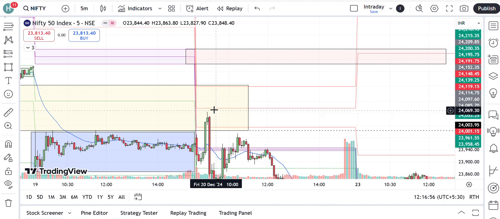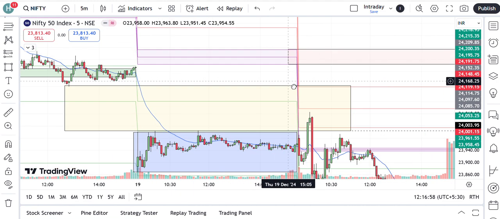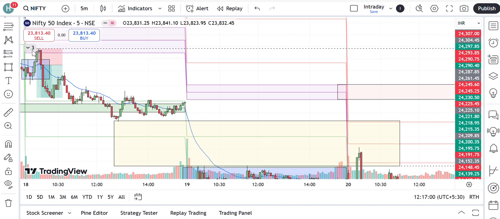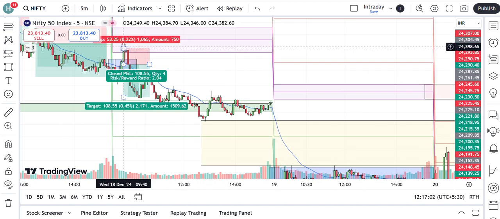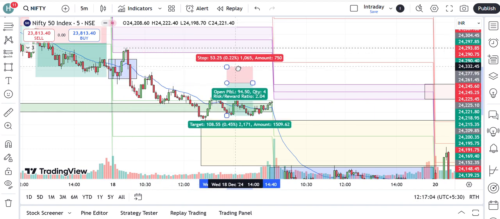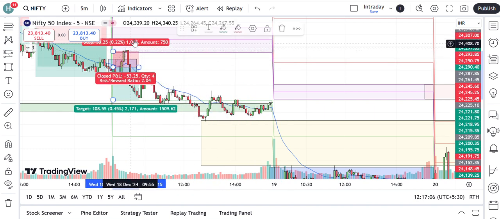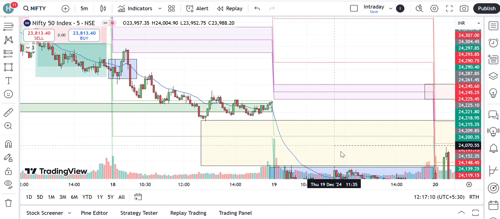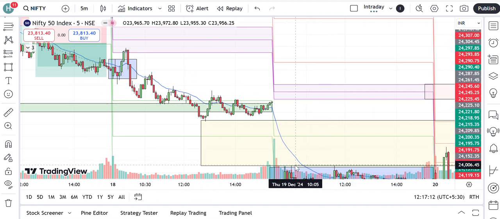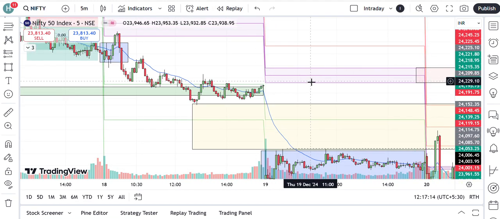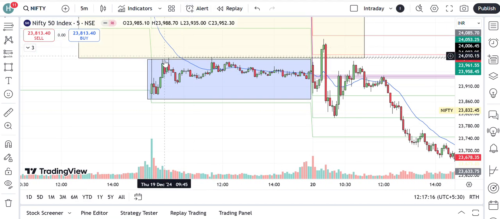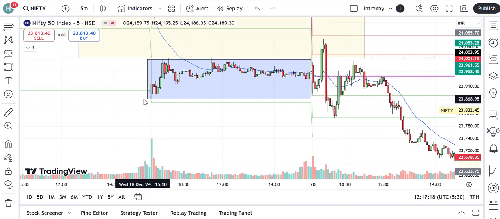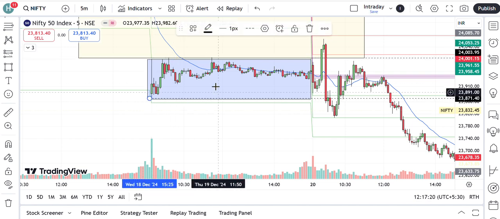This is a pure gap border, and PDH. So for this day, the PDH will be here. Now let's mark the PDL here. This is PDL. Yeah.